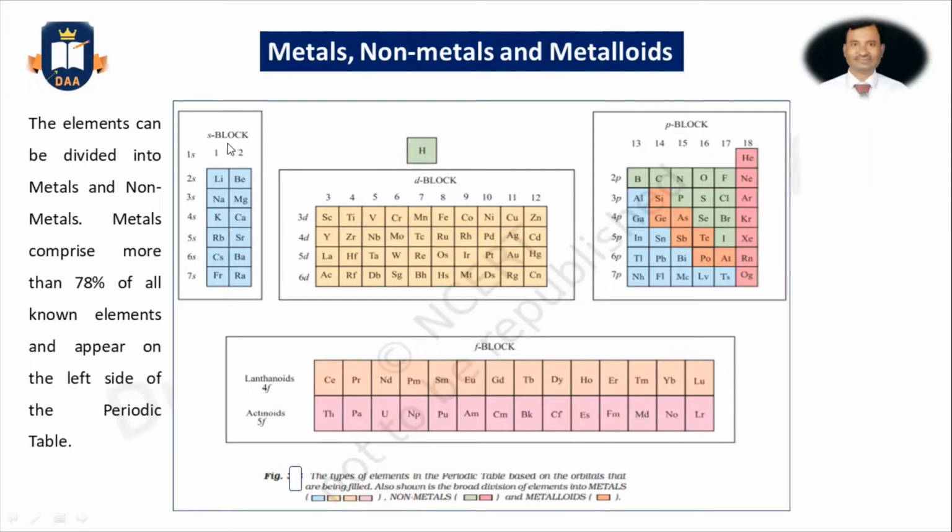So these all are metals, and you can see the caption of this figure, the color is also mentioned there. The color combination for metals is this, for nonmetals it is this, and for metalloids the color combination is different.